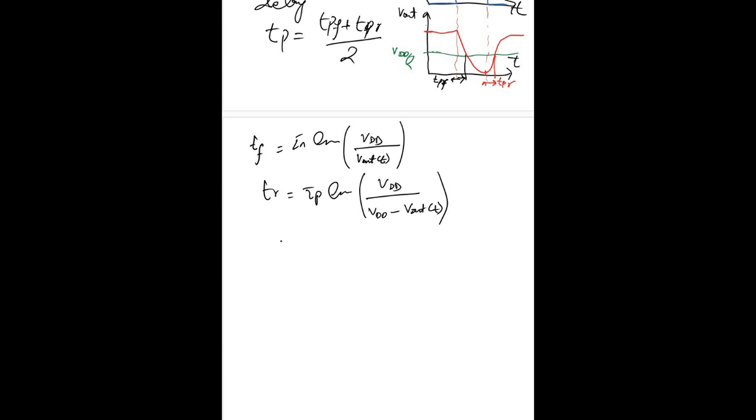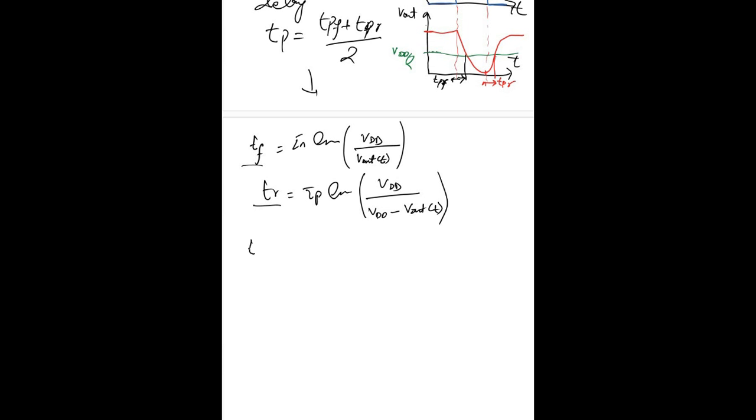And similarly, if we put the values in this expression, we would eventually get to the TP. We don't have to put the values here, but we have to find TPF and TPR.